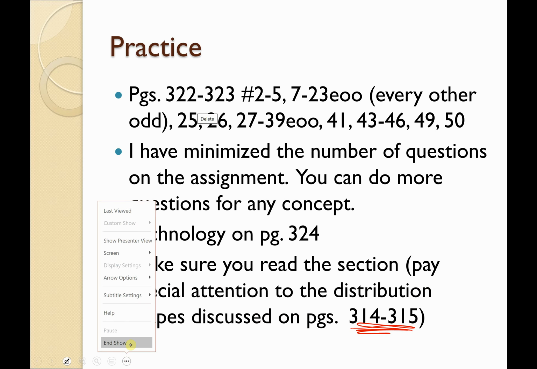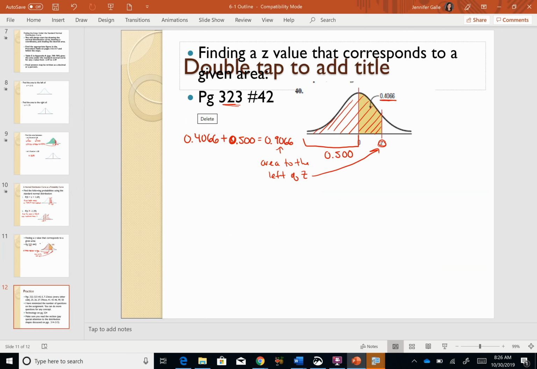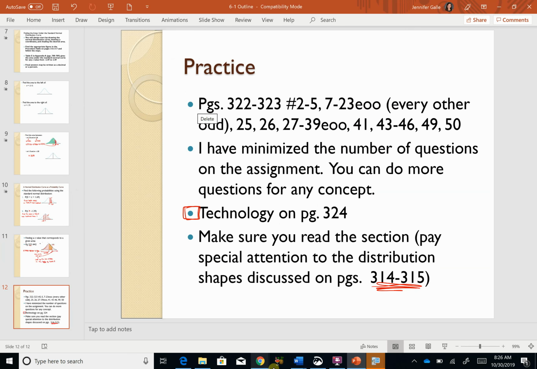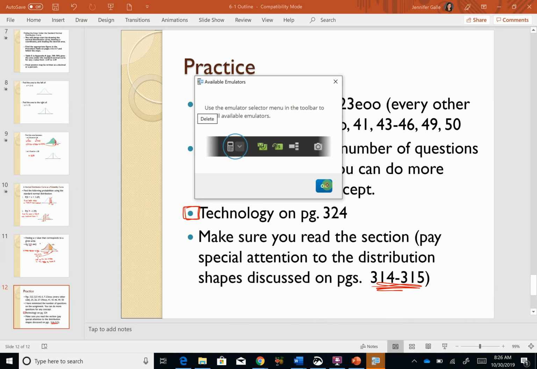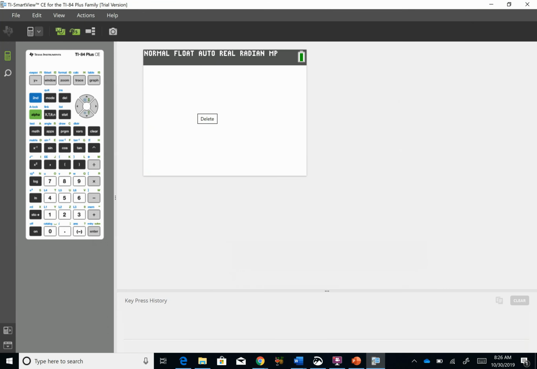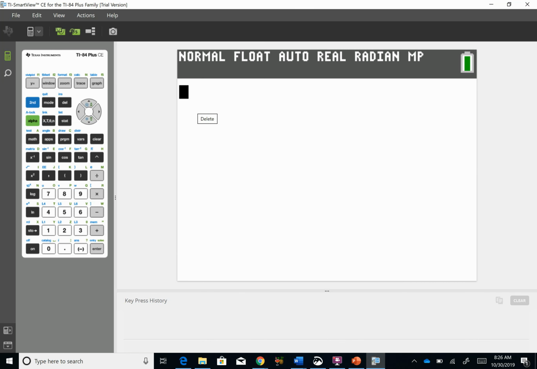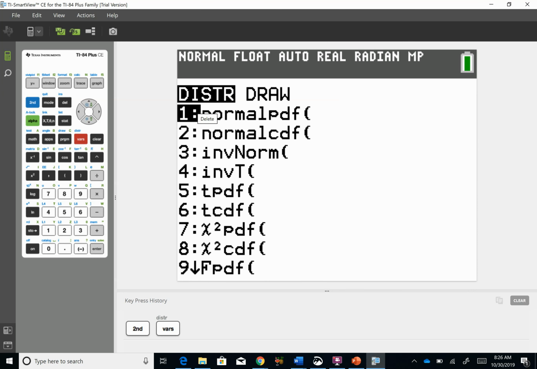So I do want to go ahead here and show you some of the technology pieces. Now the first one, if we just want to find, for example, the area to the left of a z-value, we go second, distribute, and now we're looking at options 1 and 2.